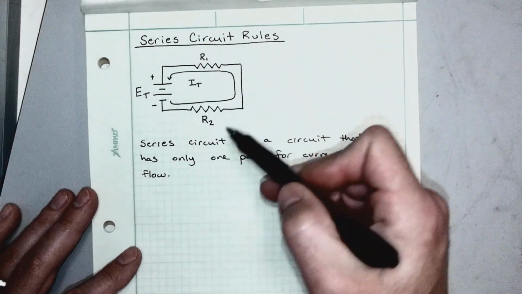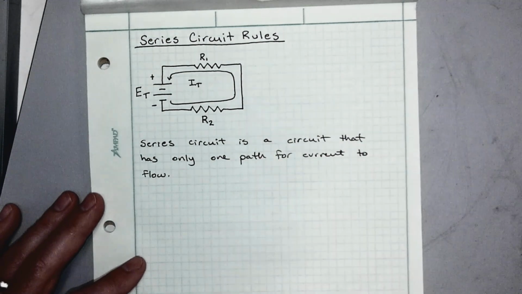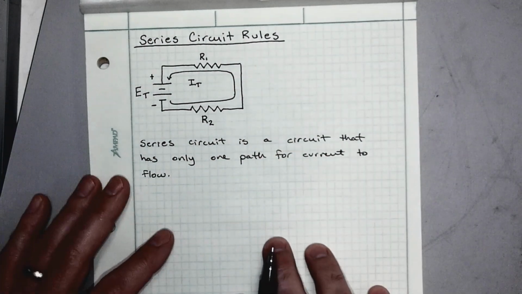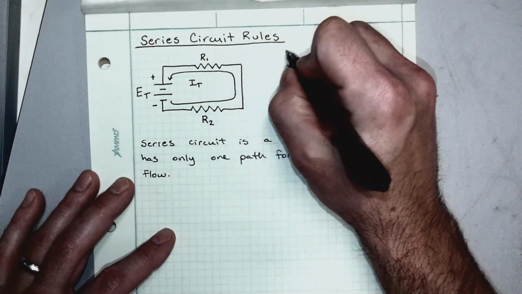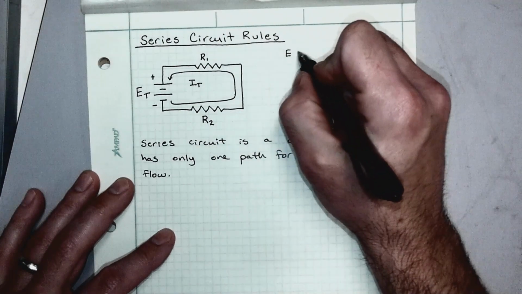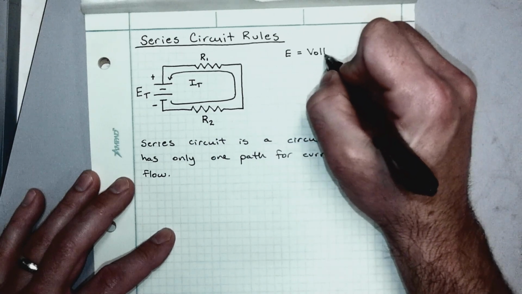As we're looking at circuits in general, in direct current or DC circuits, we're really only concerned with four variables. Depending upon where we're at in class, the first one is going to be E, and that's the variable we are using for voltage.